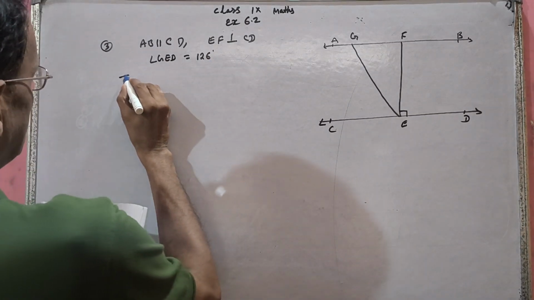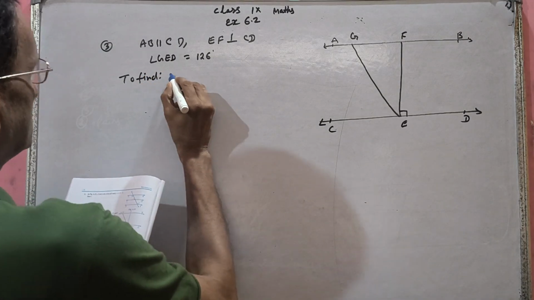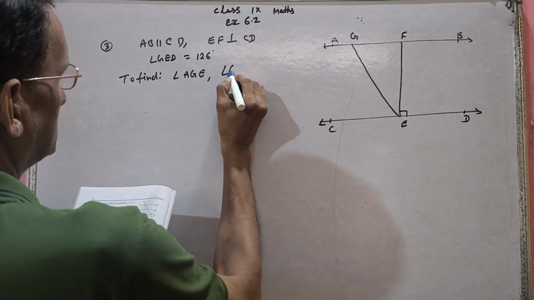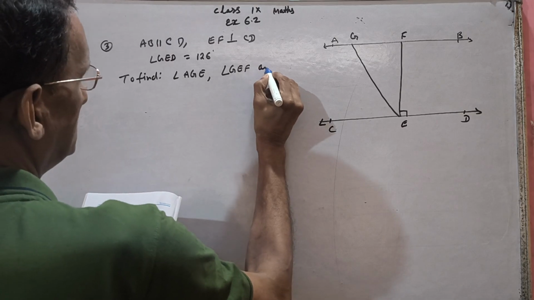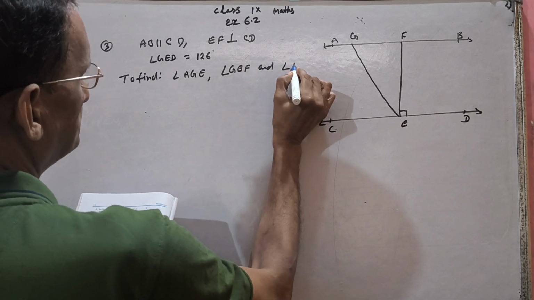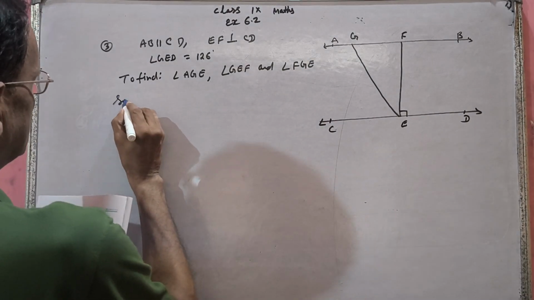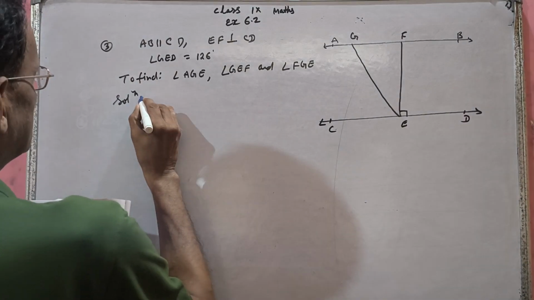We need to find angle AGE, angle GEF, and angle FGE. Okay, this is easy only, but see, we have to find 3 angles, so little bit.